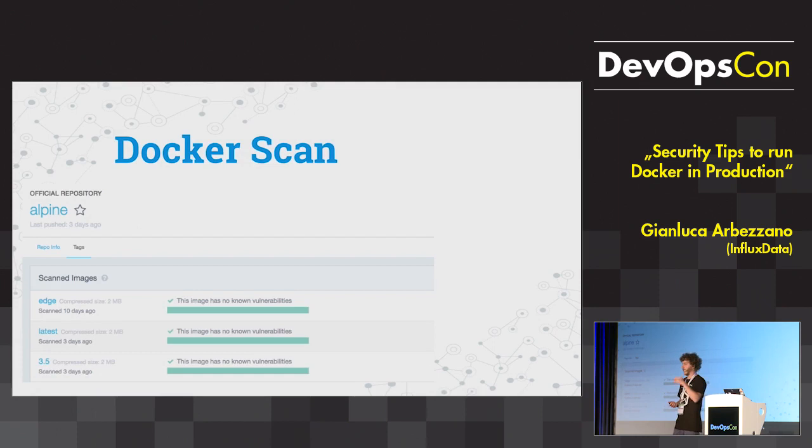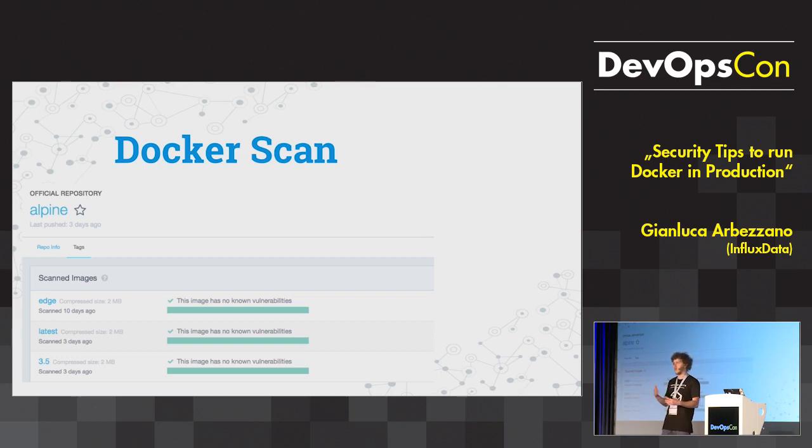We spoke about images, and another idea is that every time that you build your image, you can scan it looking for vulnerabilities. In the same way that you did with the Linux kernel, you can scan and look for vulnerabilities in all the packages that you have inside.